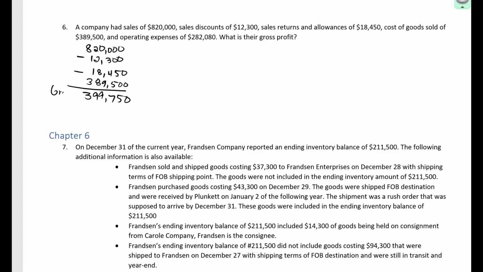This is their gross profit. You take the sales minus those discounts and allowances. So if you take this part, it is going to equal their net sales. Then you subtract cost of goods sold, which will give you your gross profit.